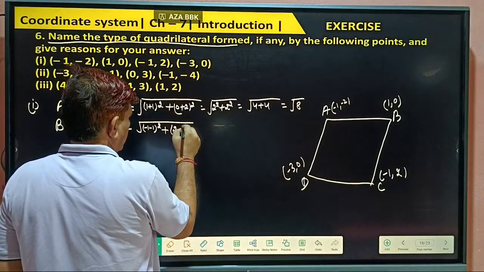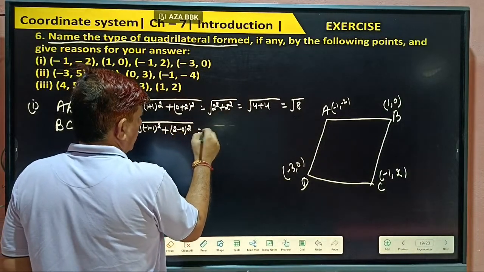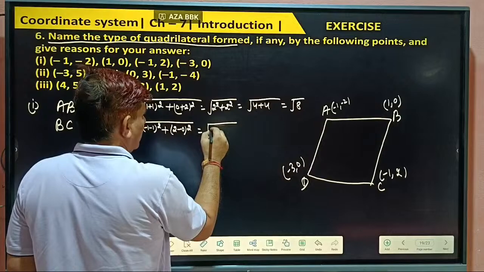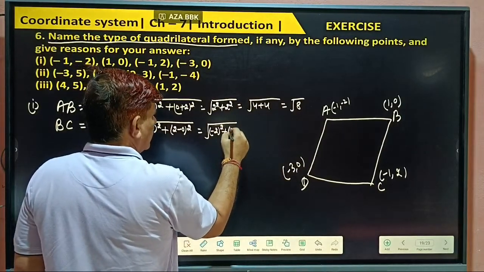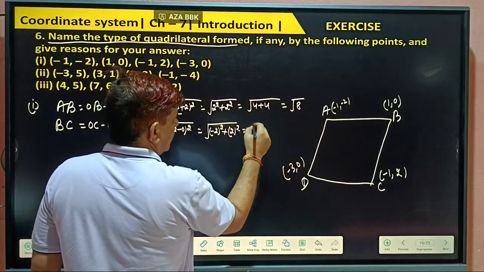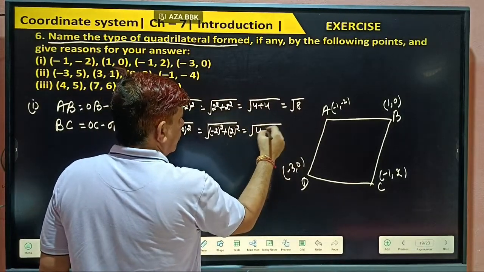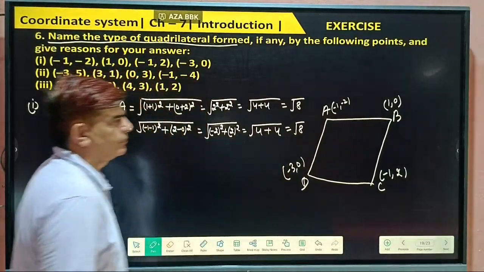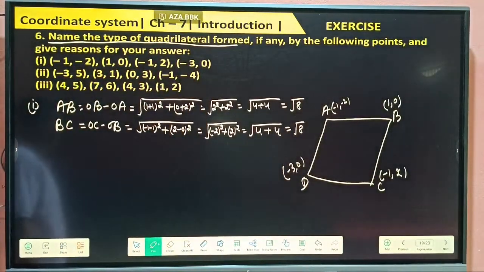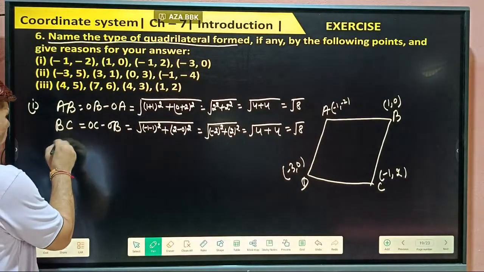I think you understood this. So -2 square plus 2 square is equal to 4 plus 4, under the root 8.